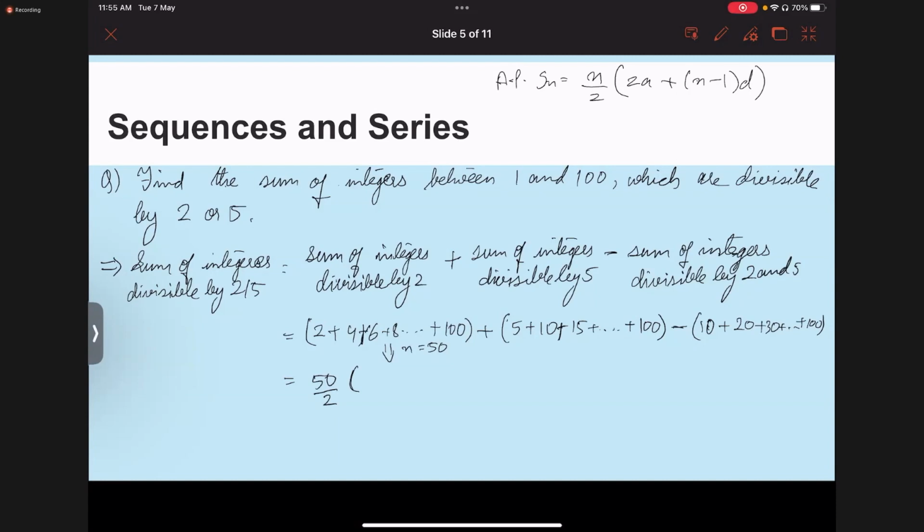Okay, so this is the formula. So here we know our a is 2, so 2 into 2 plus our n we have seen as 50, so 50 minus 1, and our d is actually 2. Then the next one we can write, 20 by 2.